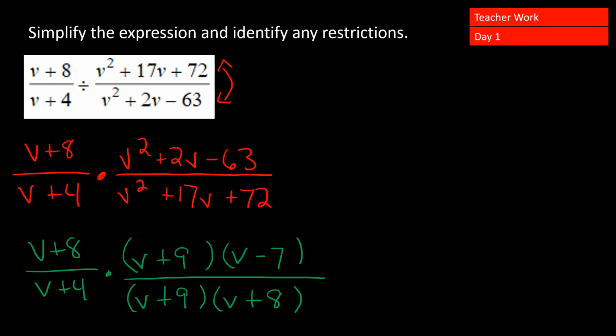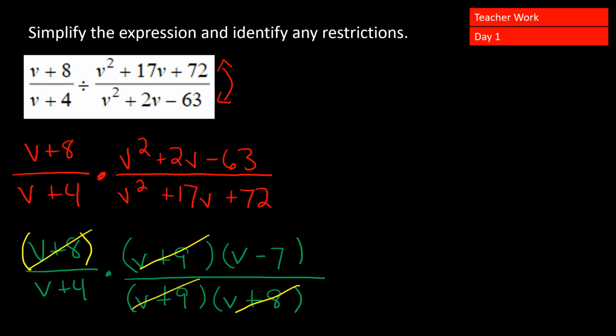So we want to find those binomial pairs. I have a v plus 8 here in the numerator, so I can simplify it out with the v plus 8 in the denominator, right? That multiplication would result in a 1 happening there. It is important to know that that v plus 8 is going to cause a hole. So we're going to discuss that in just a bit. We also have the v plus 9 and a v plus 9 in the denominator.